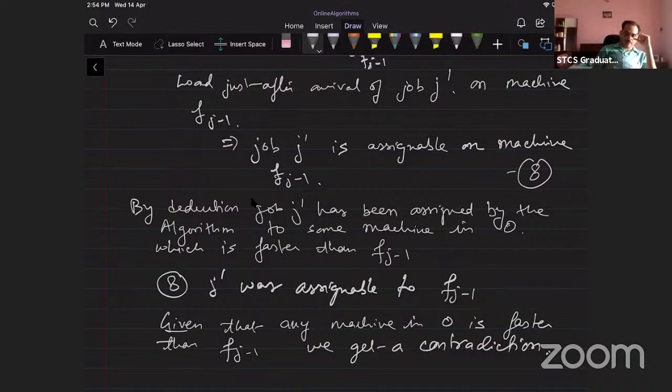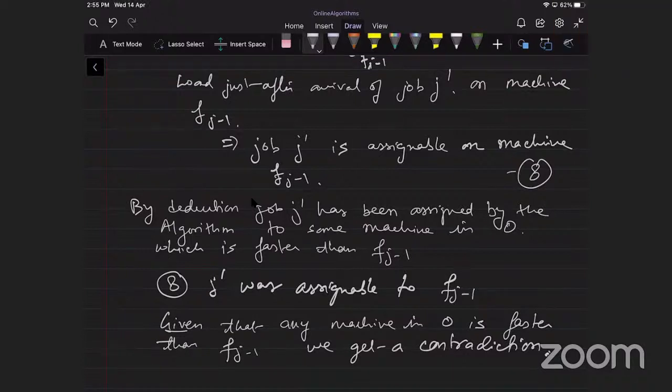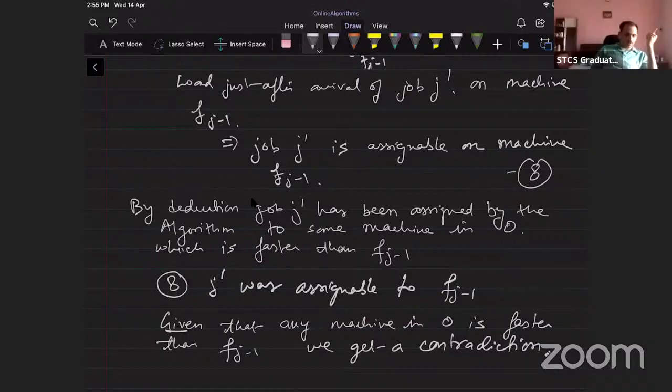Praveen, is this clear? What happened here? Yes, sir. I'm happy to go over it if something is bugging you. There are lots of definitions, so don't get lost in definitions. At least conceptually, it should be clear what we are trying to do. We looked at a job which was unassignable with the algorithm.